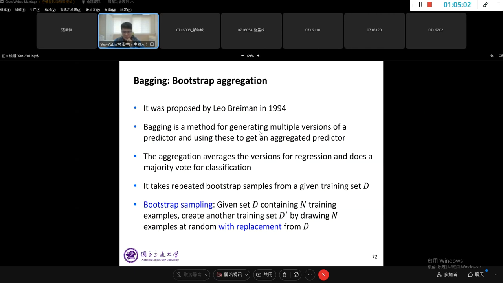So let's try to generate multiple different versions of a predictor. We can generate multiple decision trees. These decision trees are different from each other. So we can combine them to get an aggregated predictor, a merged decision tree.